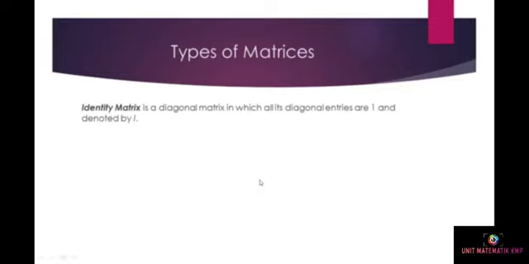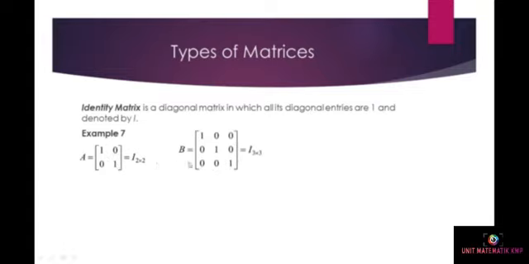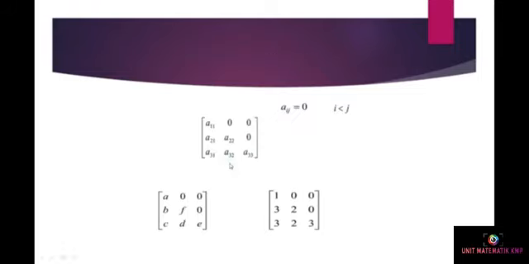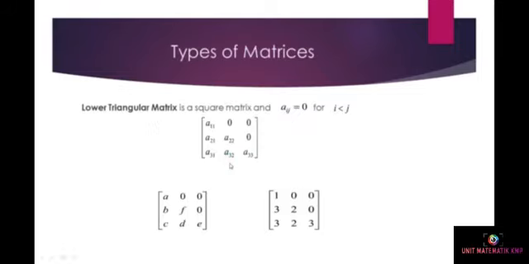Identity matrix is a diagonal matrix in which all its diagonal entries are 1 and is denoted by I. Example 7. 1, 1. B, 1, 1, 1. Lower triangular matrix is a square matrix and Aij equals 0 for i less than j.